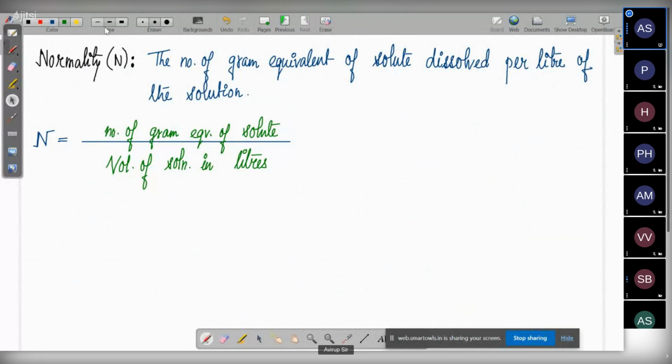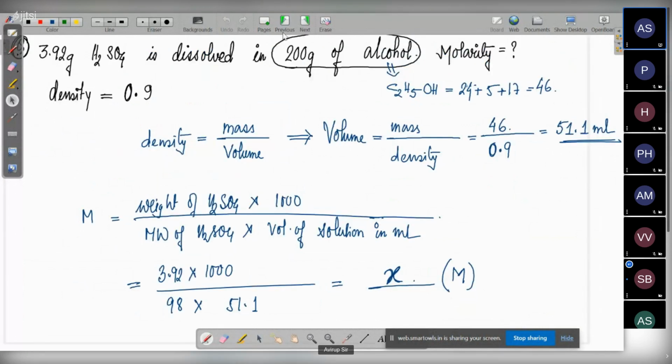Say that in the previous question, you had C2H5OH. In that, how did the 46 come? 46 is the mass. Here we have calculated the molecular mass of alcohol.